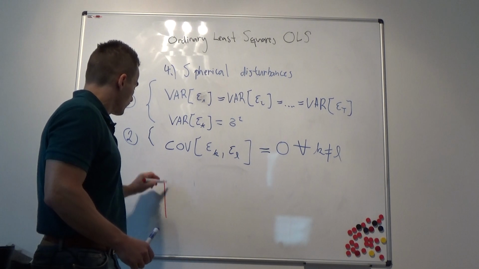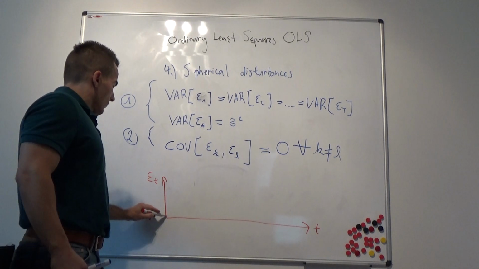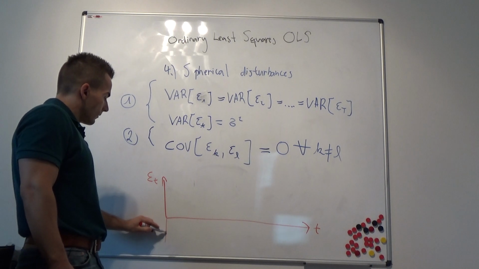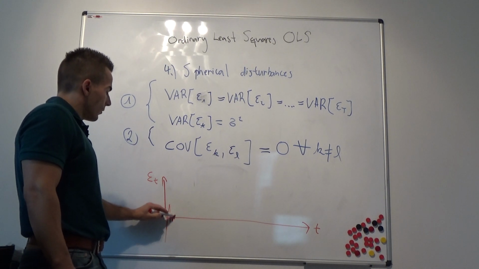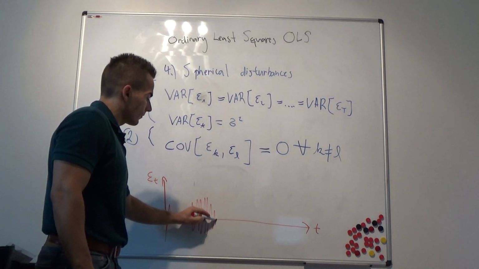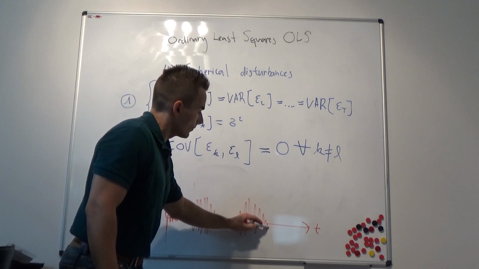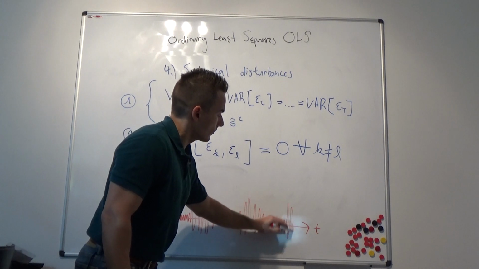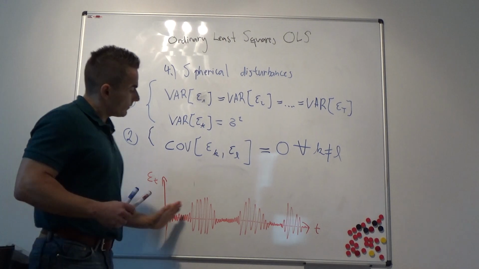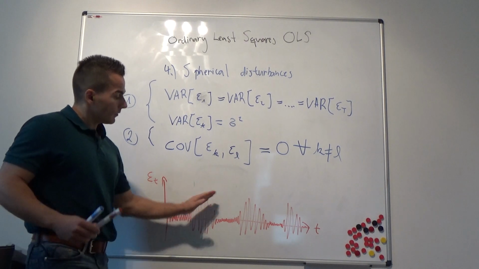Next, let's say we have this residual process. What's going on here? Obviously, in contrast to the earlier picture, we don't have this circulating around.